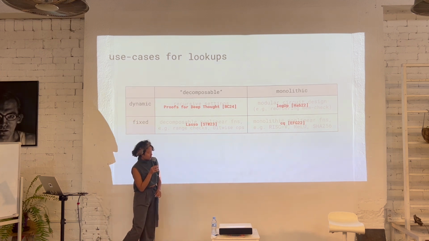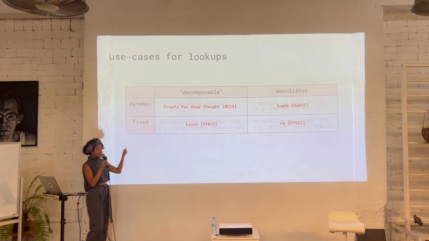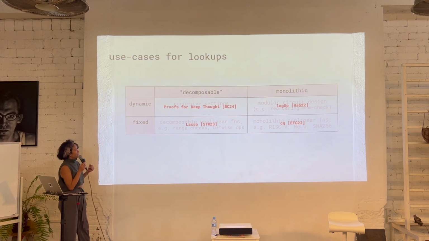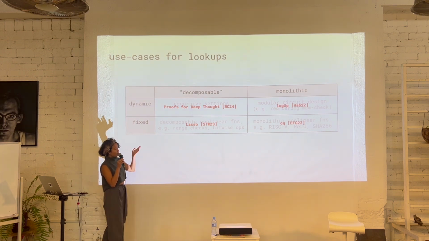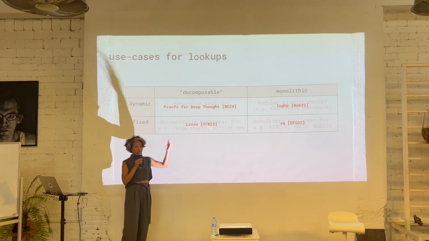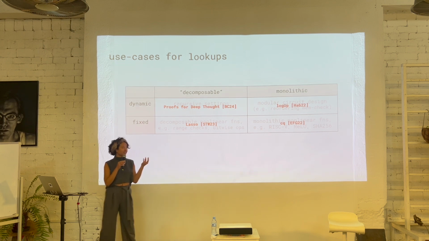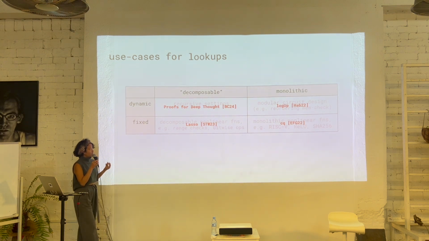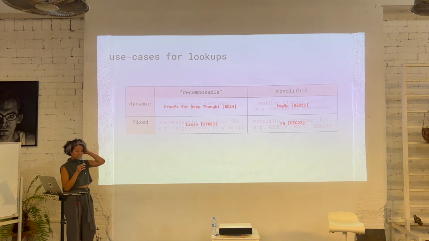For example, to fairly bench the Proofs for Deep Thought, we need to be in the setting of an accumulation scheme. But when you're in an accumulation scheme, you might make different optimizations than if you were trying to do a larger, monolithic circuit. It also makes no sense to bench dynamic versus fixed, and decomposable versus monolithic.